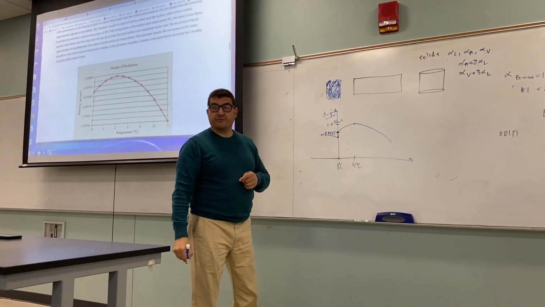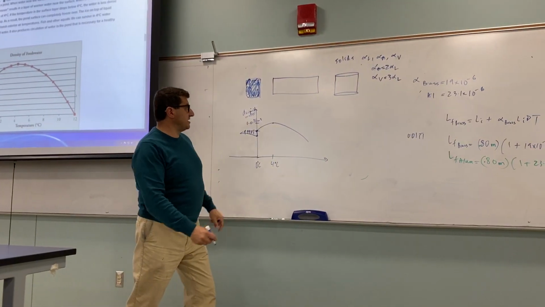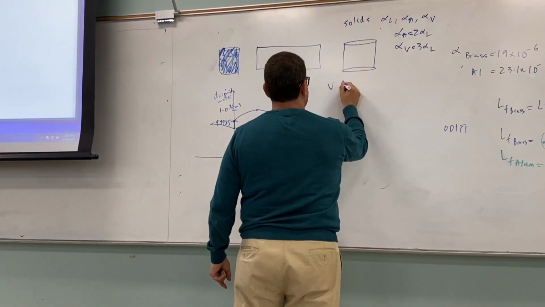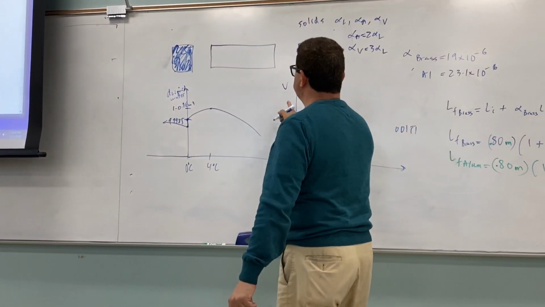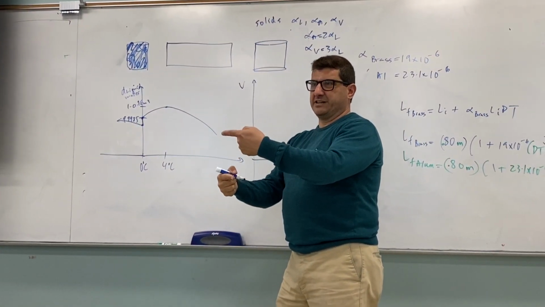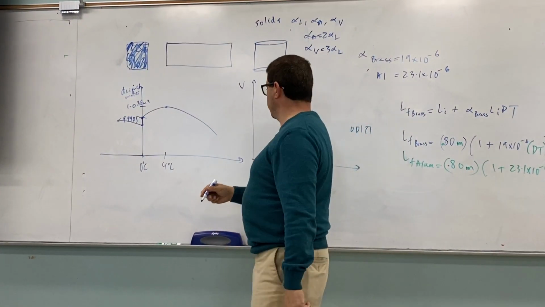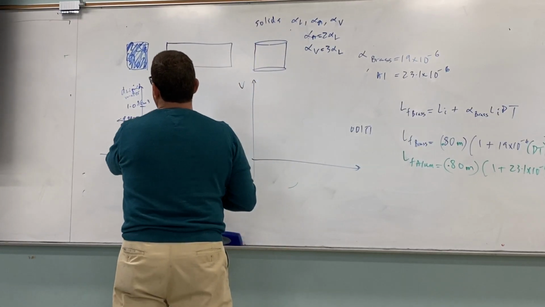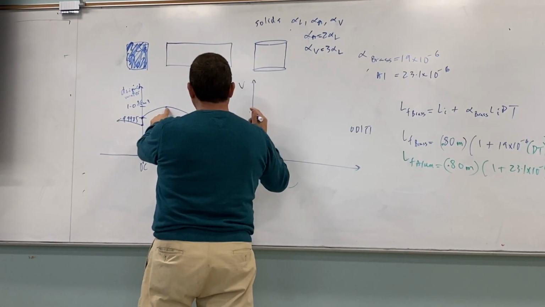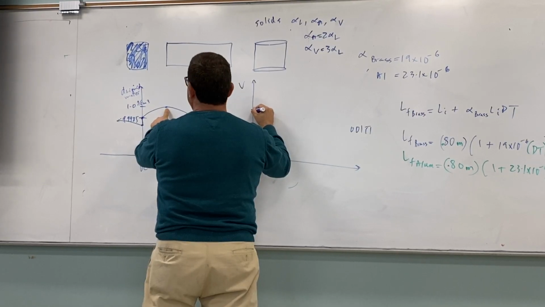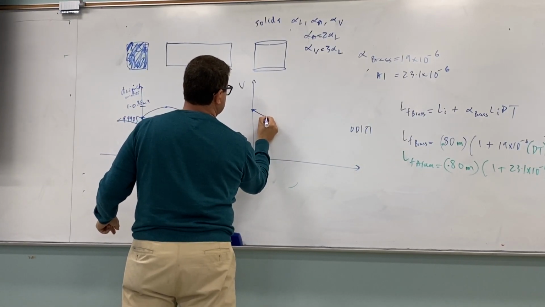Now, the other graph we can do instead of graphing density is we can graph the volume, right? Because density is the reciprocal of volume. What's happening to the volume? Density is increasing, volume is doing what? Decreasing, right?